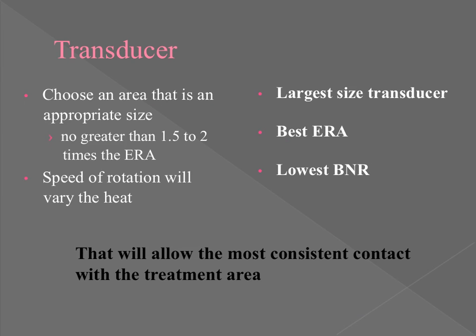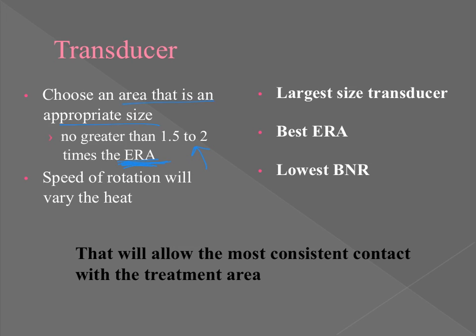Okay, so transducer. We've talked about effective radiating area, and then I just want to say this: choose an area that is the appropriate size. So essentially what they recommend is you shouldn't be ultrasounding an area that is any larger than 1.5 to 2 times the effective radiating area. So it becomes important to know what that effective radiating area is.